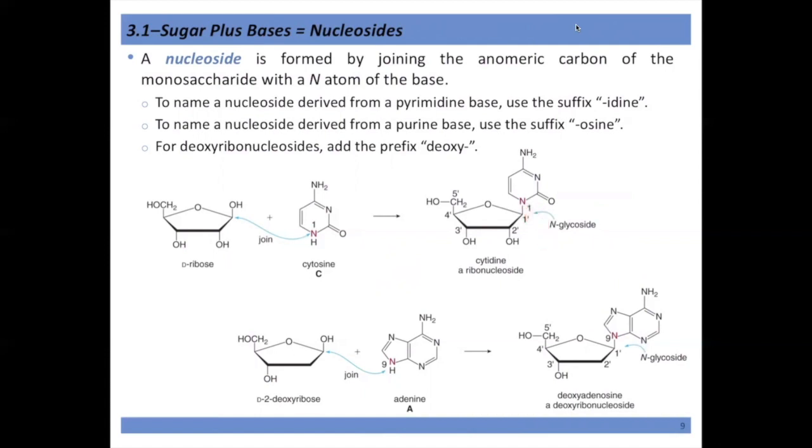The heterocyclic base is attached to the anomeric carbon of the sugar, and so we get this N-glycoside. For RNA, we attach it to the ribose sugar, which has two OHs there. For DNA, we attach the base to a deoxyribose sugar. Notice it's lacking the OH at that 2' position.